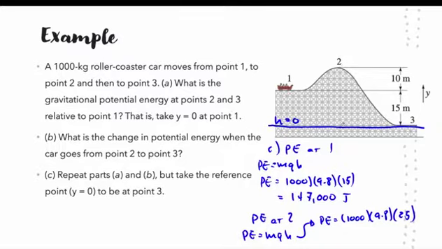Because point 2 is 25 meters above point 3. And 1,000 times 9.8 times 25 gives me positive 245,000 joules, which makes sense because point 2 is also at a greater height than point 3.